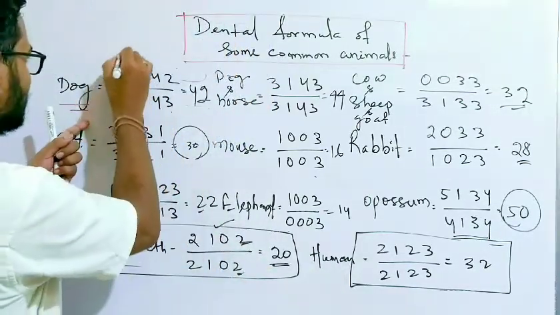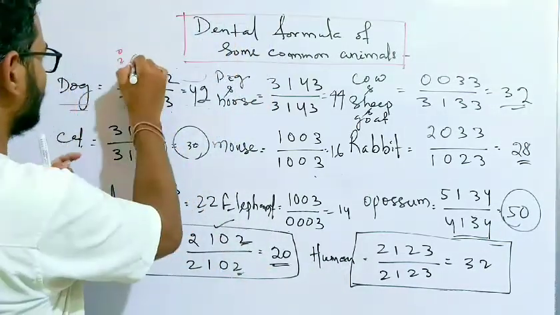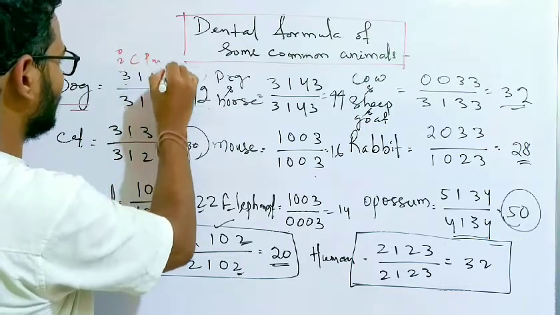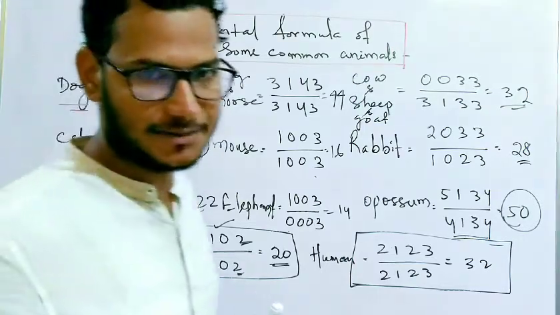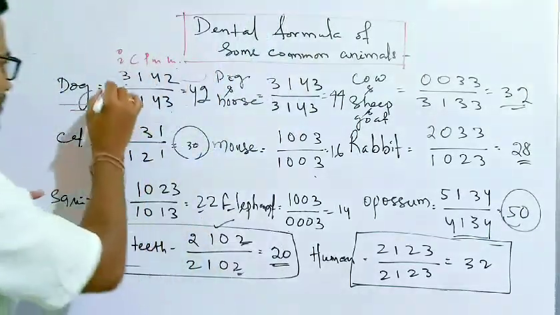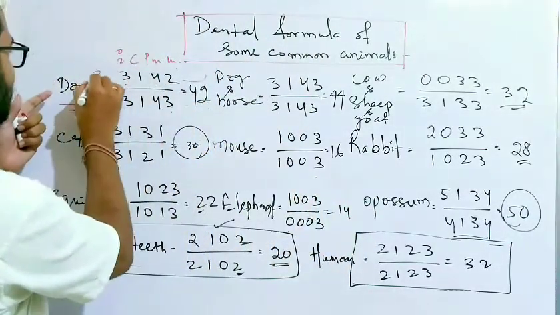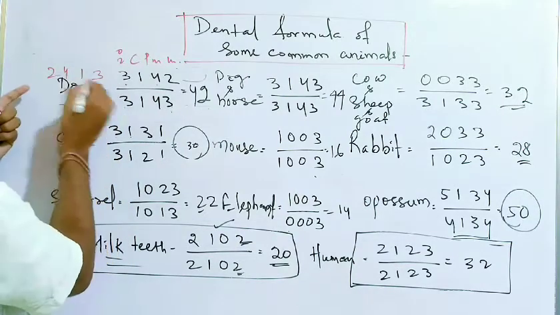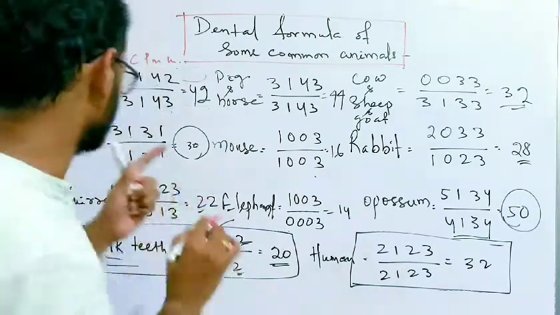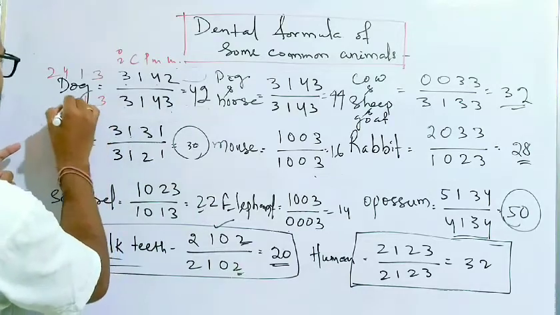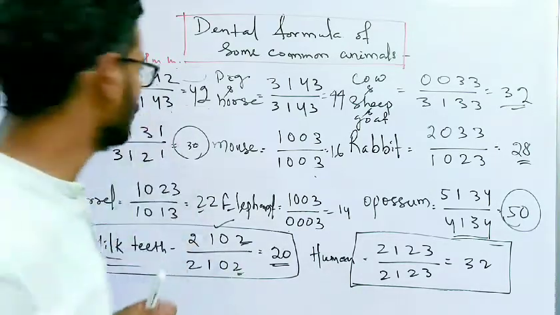The 3 represents the number of incisors, 1 for canine, 4 for premolar and 2 for molar, as I have already told you. This represents half of the upper jaw, meaning another 3, 1, 4, 2 are there in the upper jaw. Likewise 3, 1, 4, 3 are there on the lower jaw.